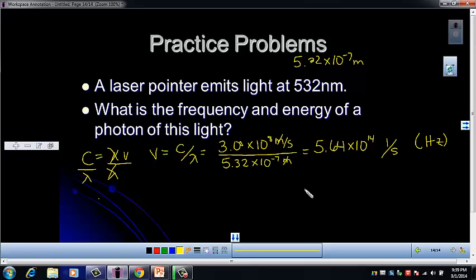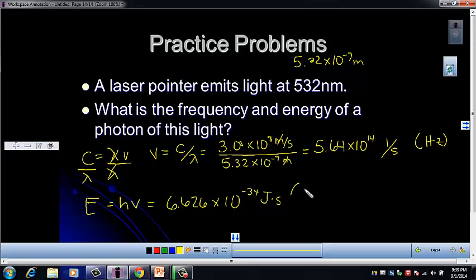Now it's asked us for the frequency, but it's also asked us for the energy. So E equals h nu. We can't directly find energy from wavelength, we have to find the frequency first, but now we found it, so let's go ahead and plug that in. Remember that h is Planck's constant, 6.626 times 10 to the negative 34, and that's joules times seconds.